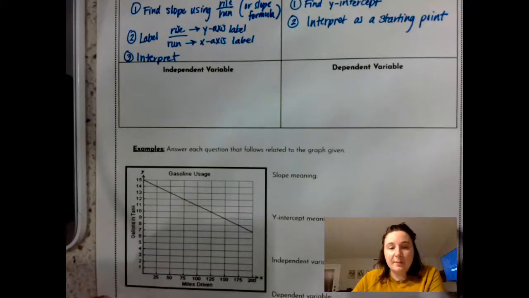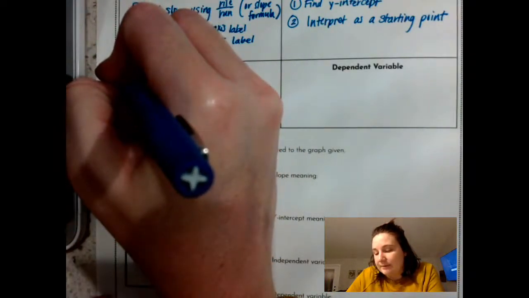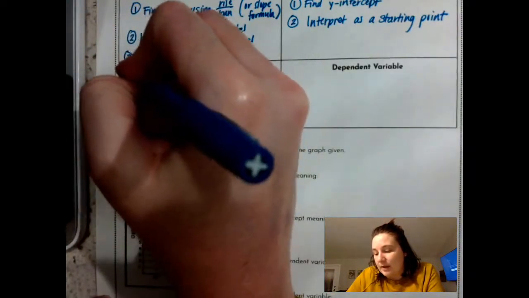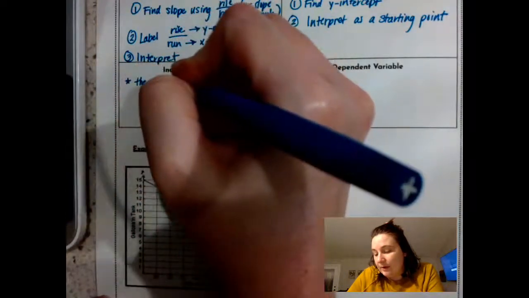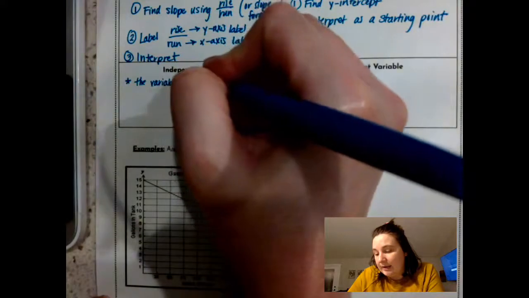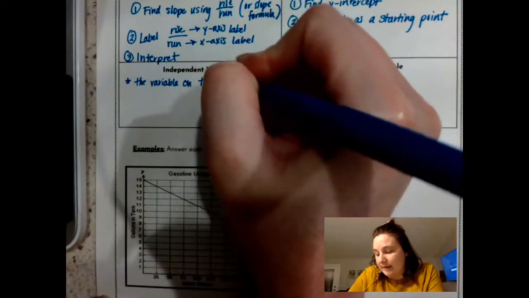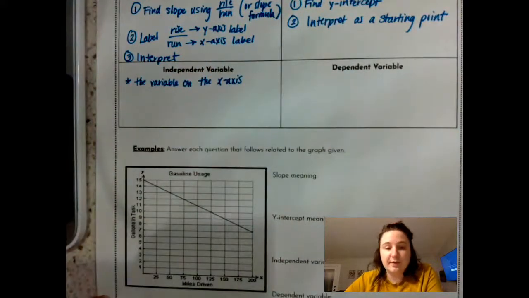And so independent variables we are going to define as the variable on the x-axis. So the independent one is whatever is on the x-axis.